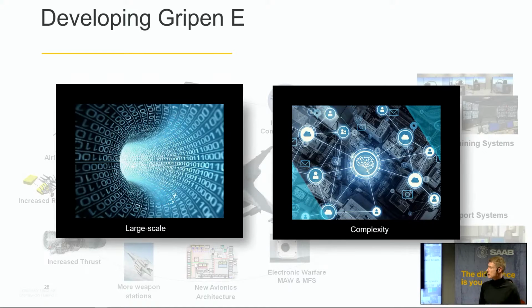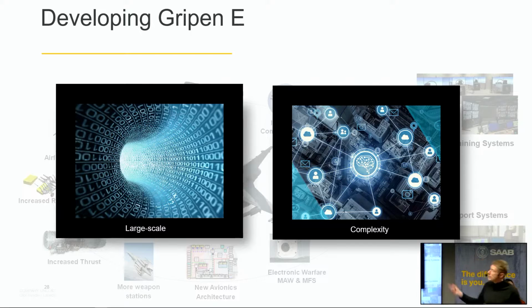So when it comes to testing of this kind of product, the challenges are related to large scale, to the scale of the system, and that is both lines of code, the number of components, so the number of hardware and software components, but also the scale of the development organization. So there are a lot of engineers that need to talk to each other, and also more development teams that need to interact with each other.